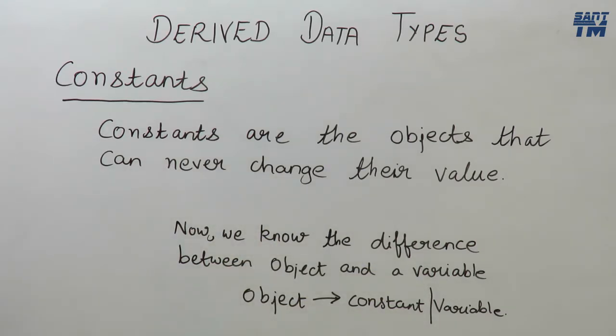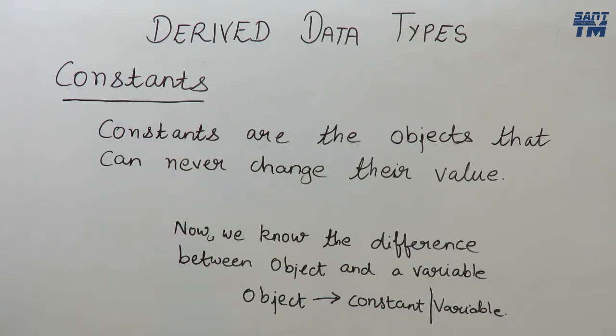Now understand a very minute point. In our previous videos, I always used the terms object and variable interchangeably. You have noticed many times whenever I was declaring any object, suppose int a, I called it variable also, I called it object also.